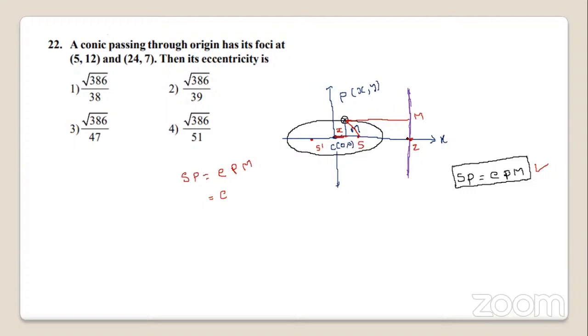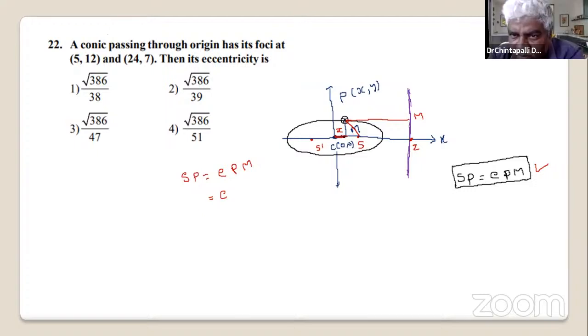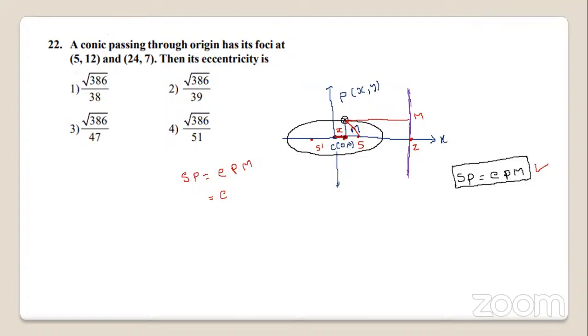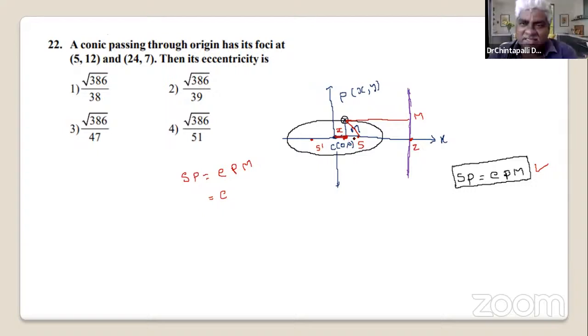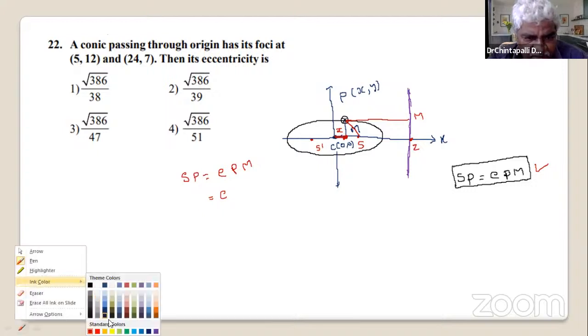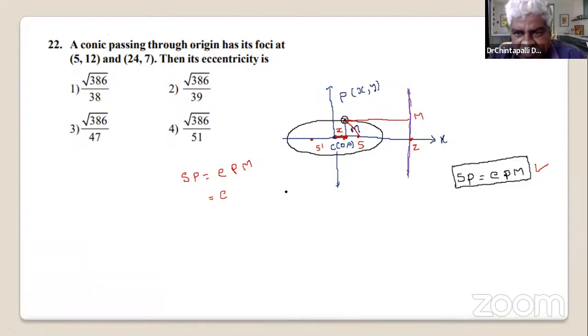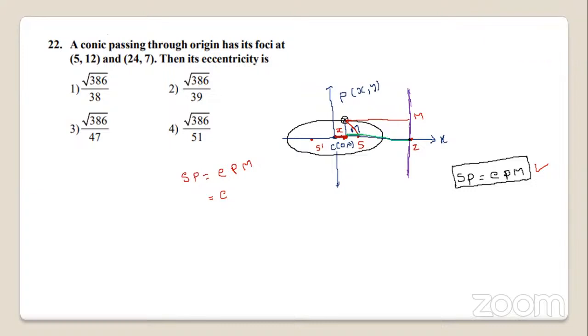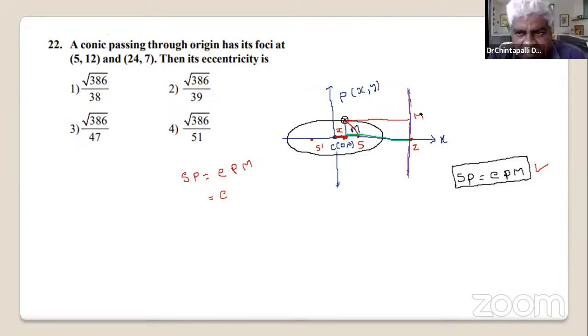So it is MZ. This is M, this is Z. I am overwriting it with another color, green color. PM is equal to MZ, right? Agree? Okay, it's already M. Let it be N now.